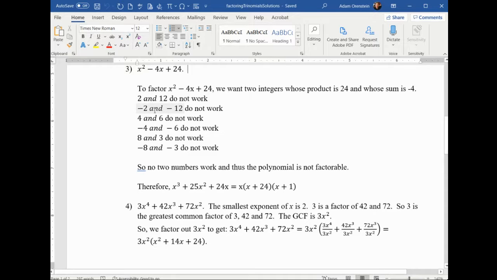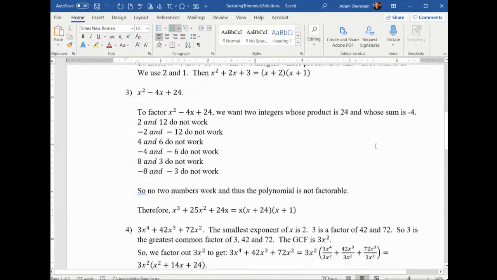That's negative 14. 6 and 4 doesn't work. Negative 6 and negative 4 doesn't work. 8 and 3 doesn't work. Negative 8, negative 3. So basically, you have no two numbers that are going to work. And so because of that, this polynomial also cannot be factored. Number 3. Does that make sense to everyone?